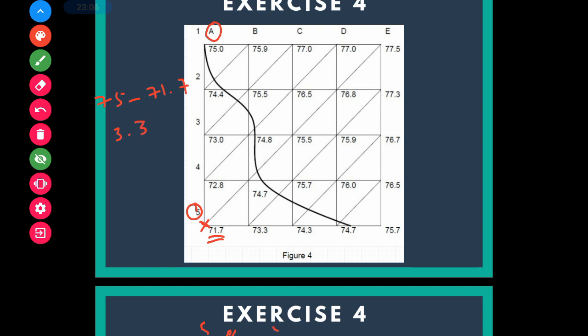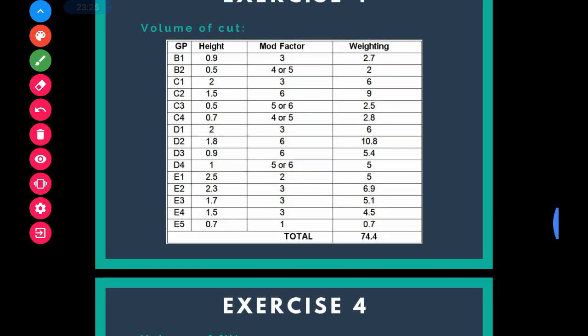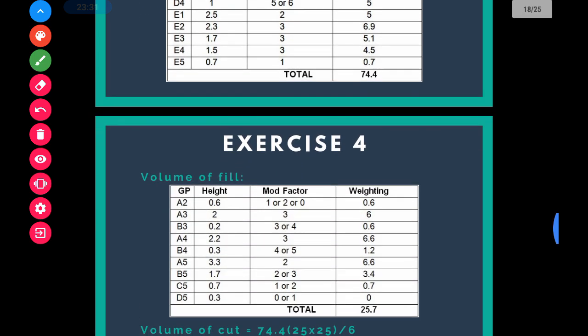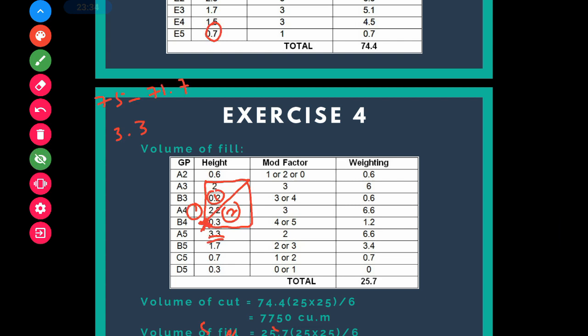Then for the mode factor, you need to count. You have 1 triangle and 2 triangles that touch this point. Let's look at the solution. For A5, the height is 3.3 and the mode factor is 2, so you will get the weighting 6.6.